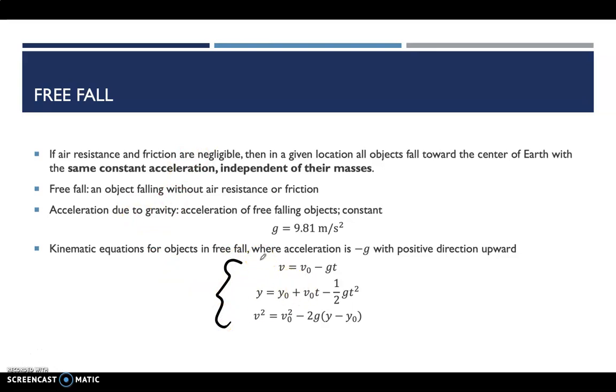We just plug in negative g as our acceleration. This assumes that we make this positive y, so that our acceleration is negative g. Now when we're just asking for g, that is just going to be this constant here.